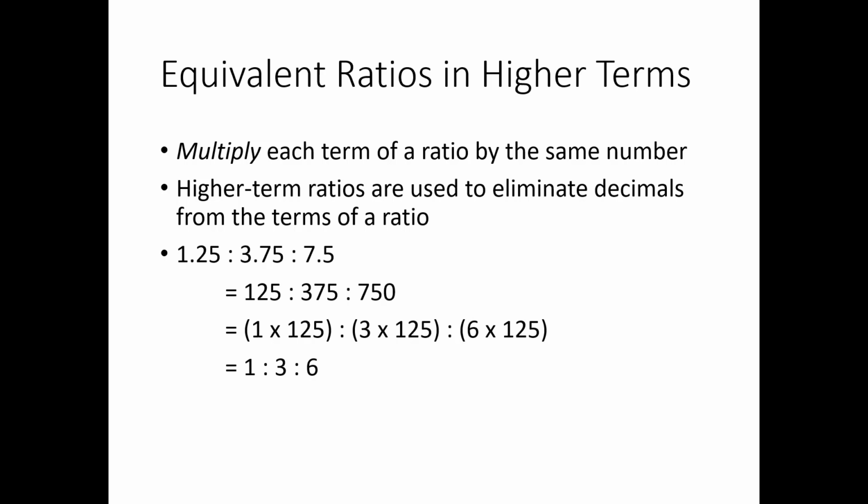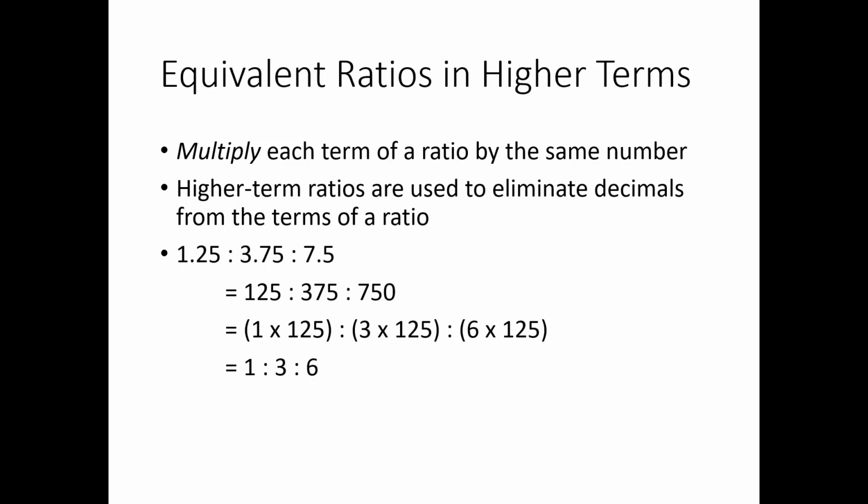It's the same idea when we encounter fractions in a ratio: first thing, get rid of the fractions. Somewhat awkward to work with. You can work with it, you can divide by a decimal number. It's not impossible, but it's awkward and prone to error.